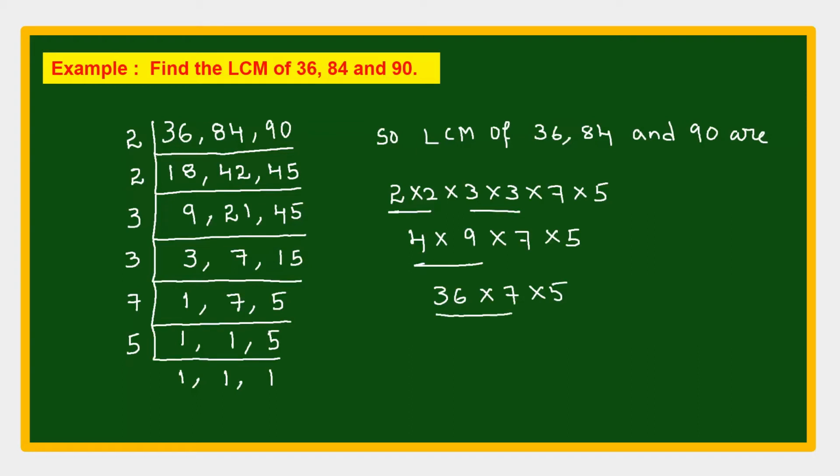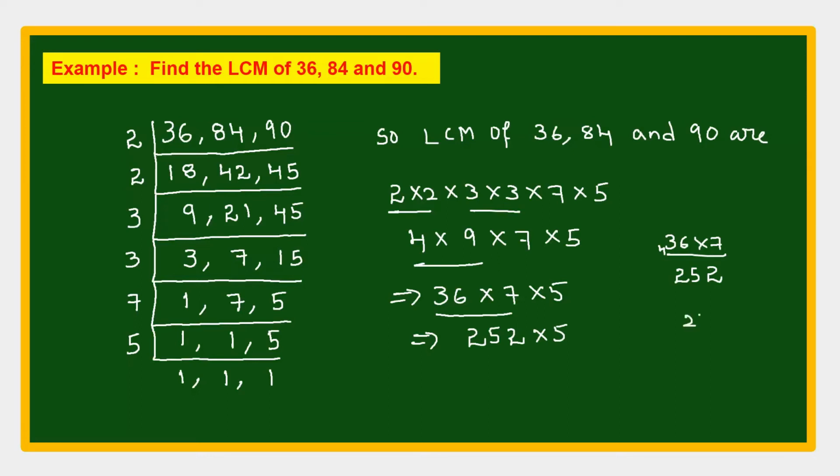36 into 7. 7 6s are 42, 2 carry 4. 7 3s are 21 plus 4 is 25. So 252 into 5.